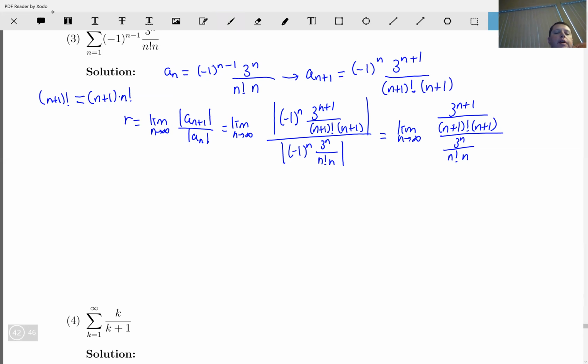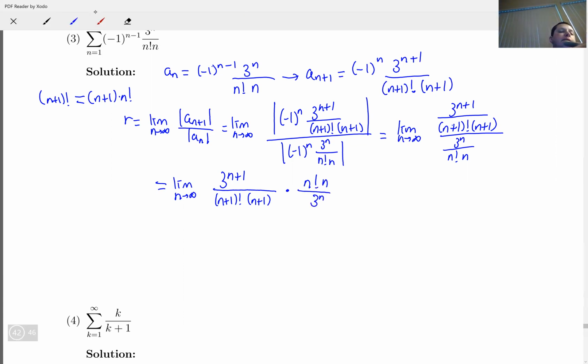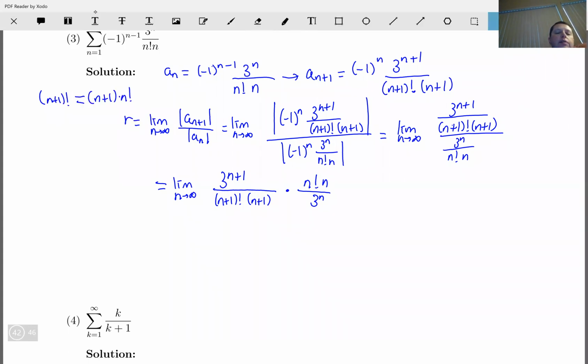All right, so we get the limit as n goes to infinity of 3^(n+1) over (n+1) factorial times (n+1) times n factorial over 3^n times n. As a reminder, this is 3^n times 3, and this is (n+1) times n factorial.